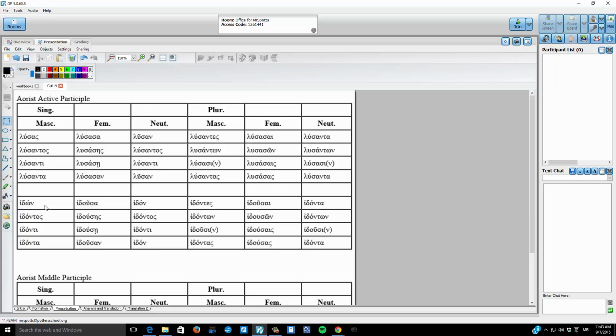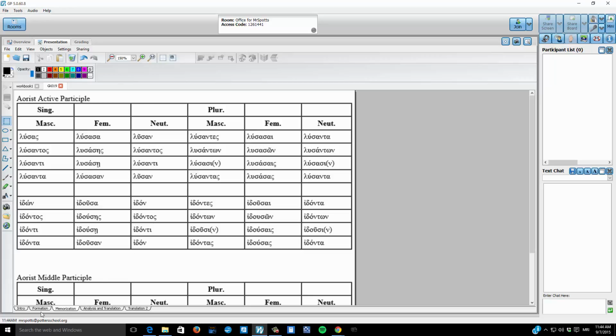Notice again, masculine and neuter are third declension: on, ontos, onti, onta. Ontes, onton, ousi, ontas. And then notice the feminine is first declension.